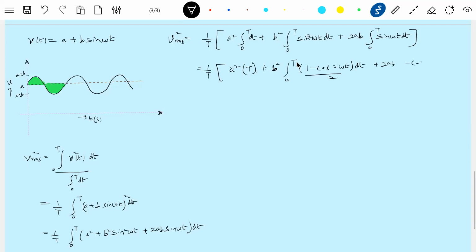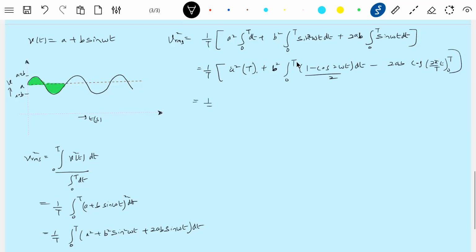So this will be minus cos 2 pi by T, so the limit is 0 to T. Minus sign let me introduce here. Make some good observation.